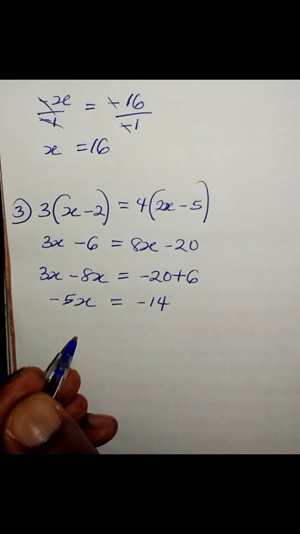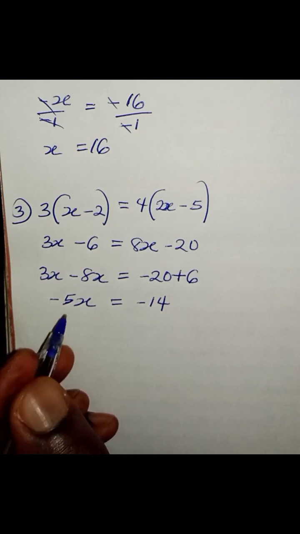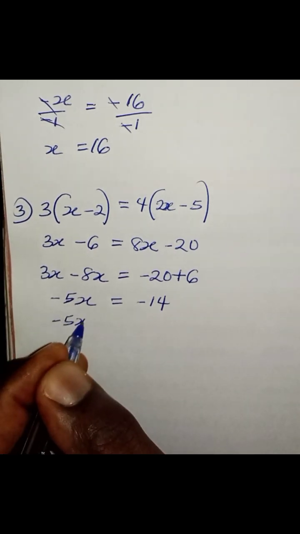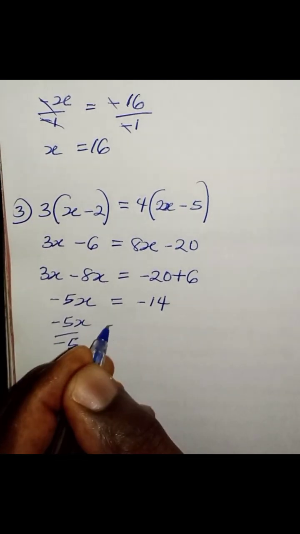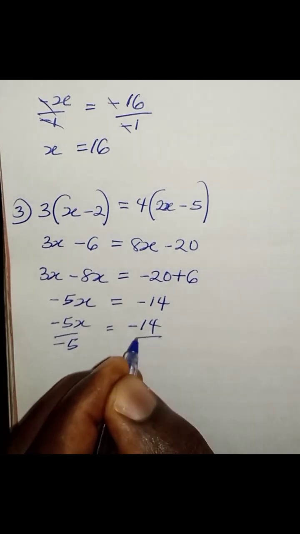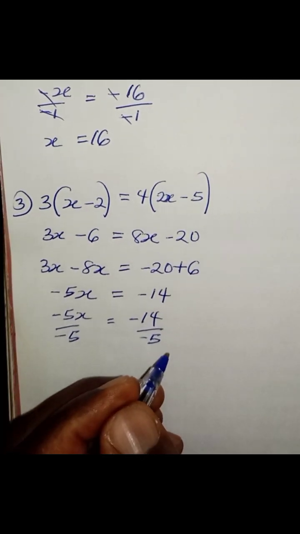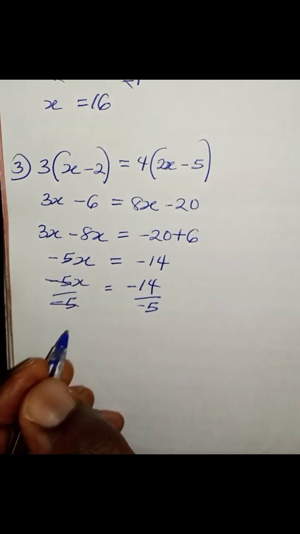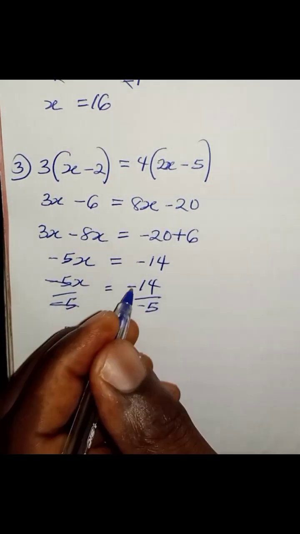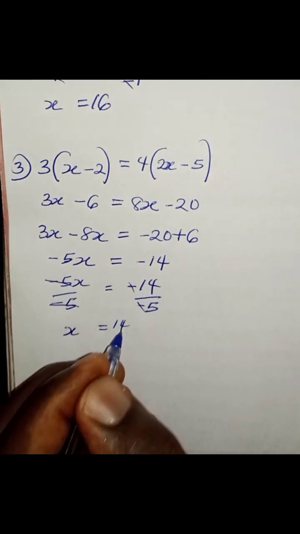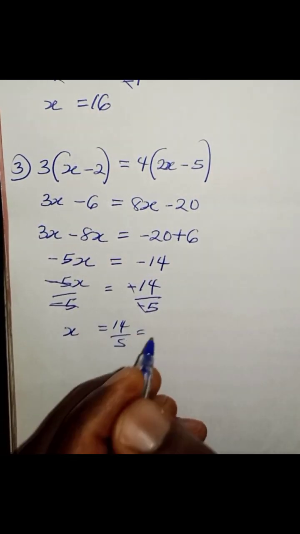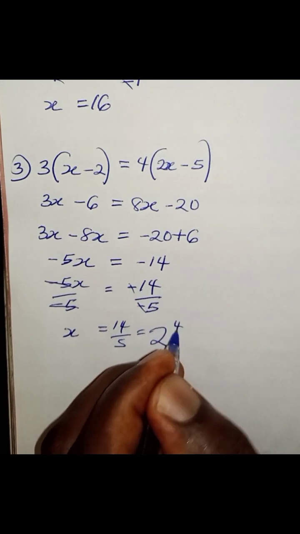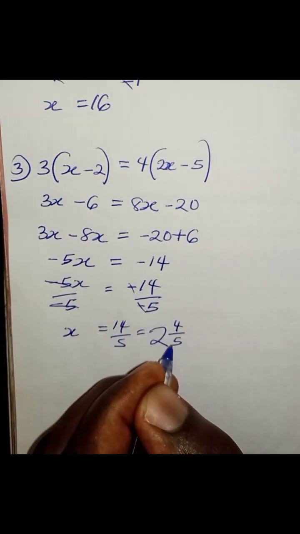So what we do next is to divide both sides by the coefficient of x, and the coefficient of x is minus 5. Minus 5x over minus 5 is equal to minus 14 over minus 5. Minus 5 goes with minus 5, and you're left with x, which is equal to, minus cancels minus, 14 divided by 5, which is equal to 2 whole number, 4 over 5.